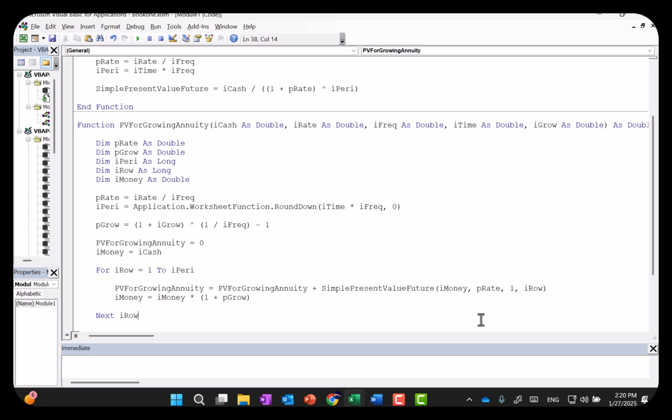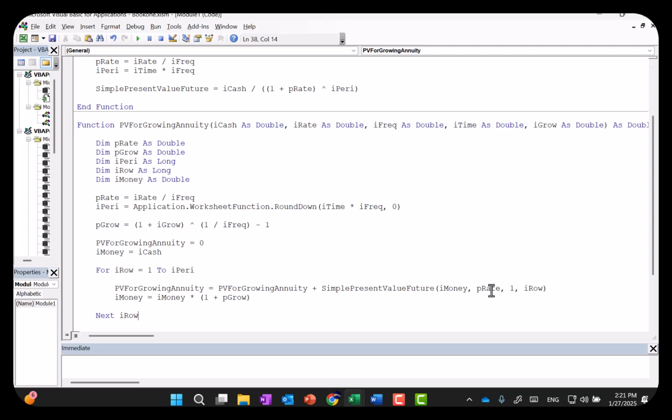Let's call it 0.5% if APR is 6%. Calculate the present value of $100 1 month from now, where the period rate is 0.5%, and report that to me. I'm going to add that to 0 because that's where I started. And now in memory, I have the value of the first payment.